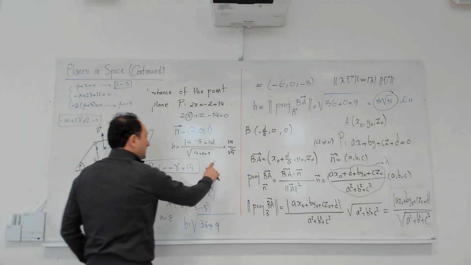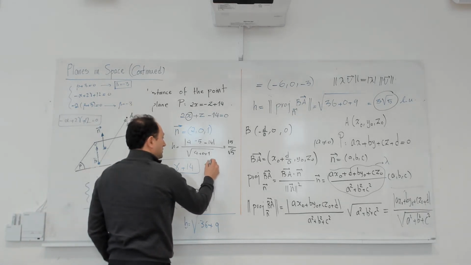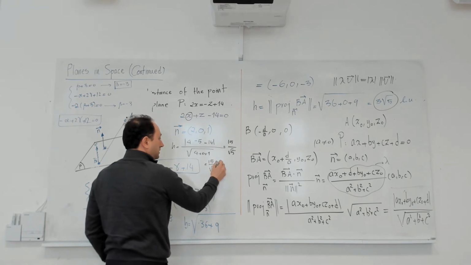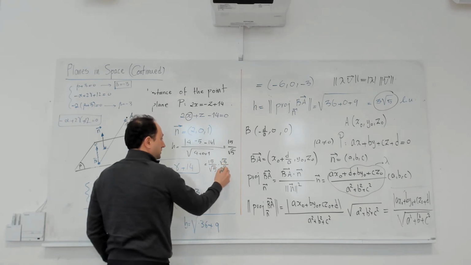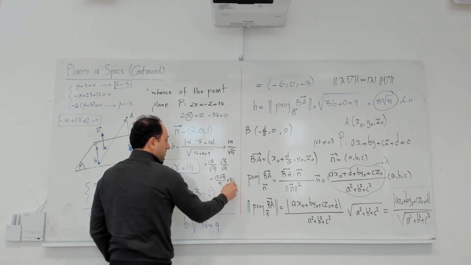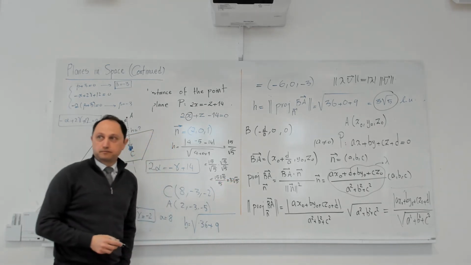Why? Because this is a trick, and it is important to know. Whenever you want to get rid of the square root sign in the denominator, you rescale it by the same number. Then it becomes 15 square root of 5 over the square root of 5 times square root of 5, which is 5, and 15 and 5 simplify, so you get the same number.